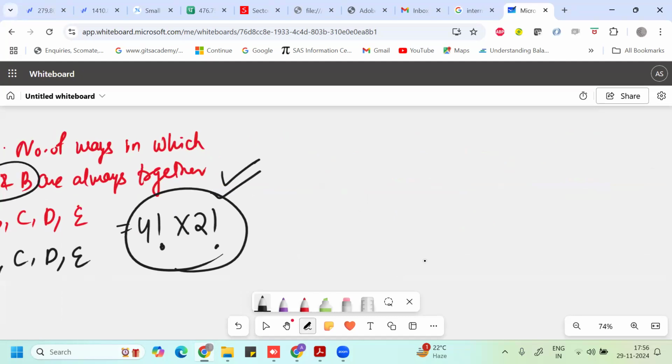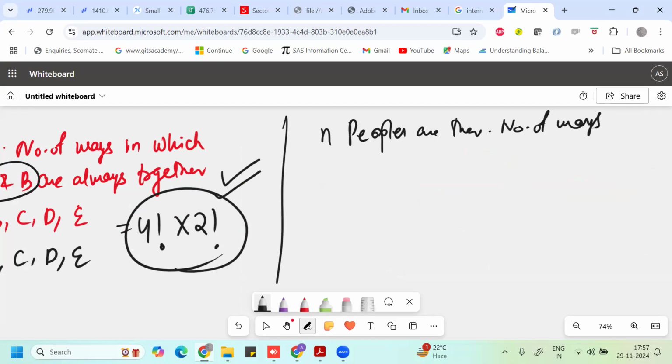So if n people or n books are there, the number of ways in which two are together has the formula n minus 1 factorial into 2.